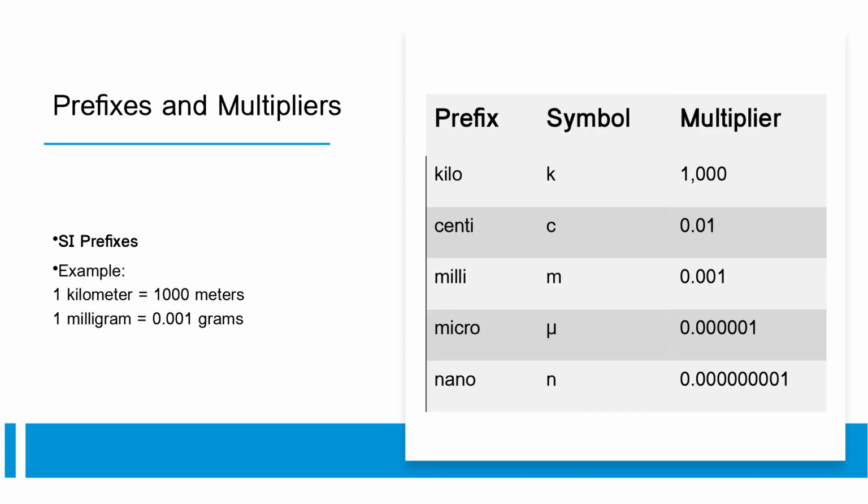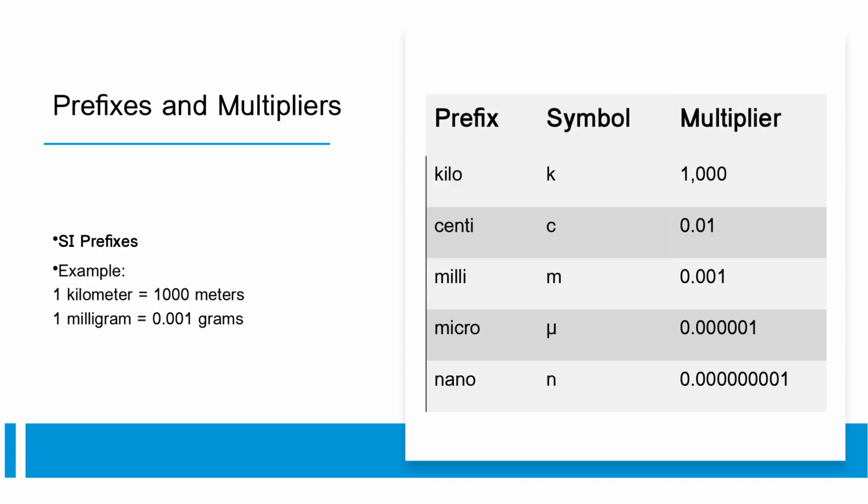Physics deals with the incredibly large and the incredibly small. To avoid writing long strings of zeros, we use SI prefixes. These are multipliers that scale the base unit. For example, the prefix kilo means 1,000, so a kilometer is 1,000 meters. On the smaller side, milli means one thousandth, so a milligram is 0.001 grams.